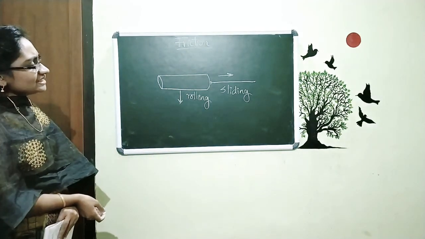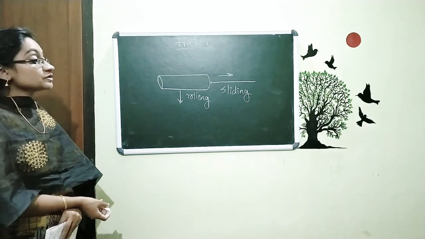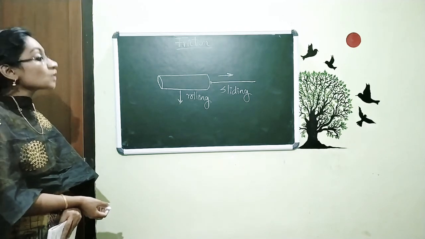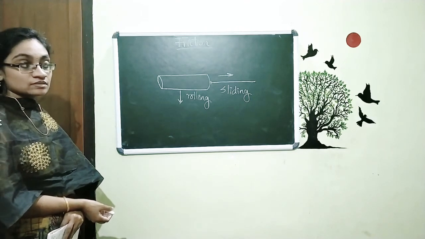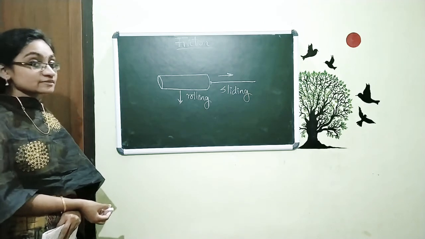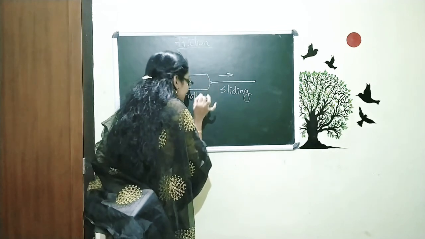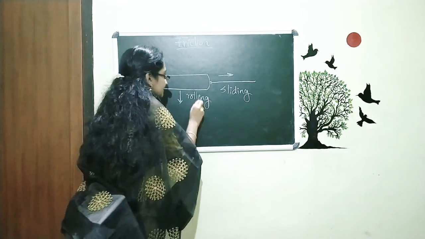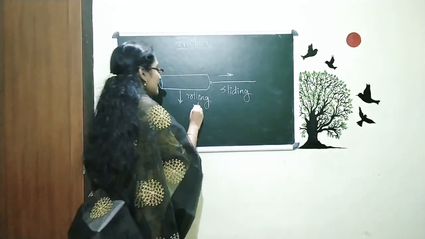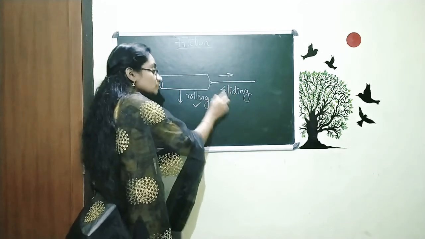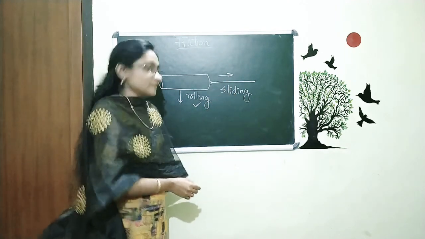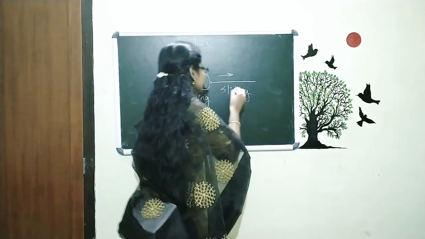Now the question is, is it easier to slide it or roll the wood piece? Which is easier? The easier one is rolling. This is the easier task, and sliding it is a little difficult.